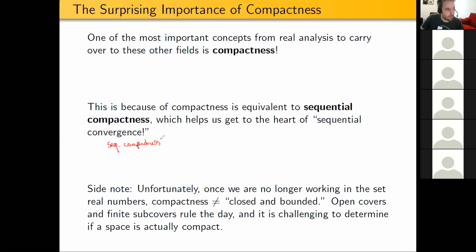Let's just write this out. Sequential compactness meant the following.